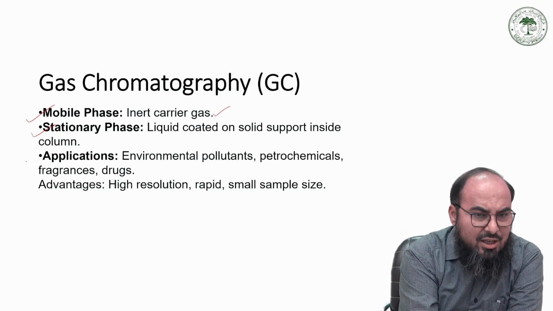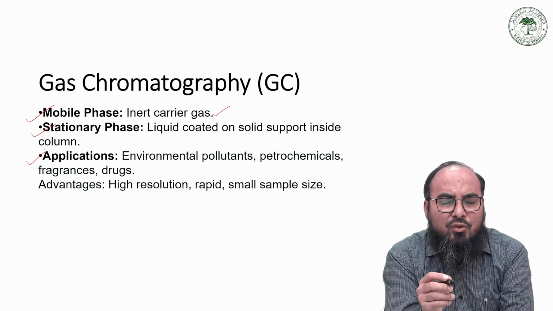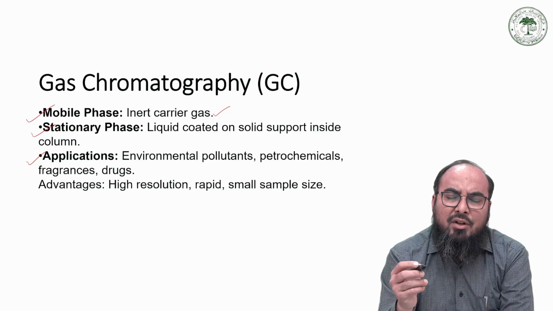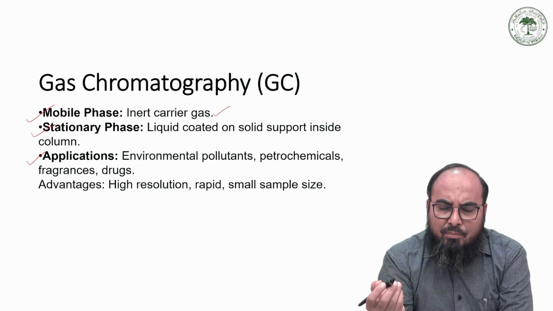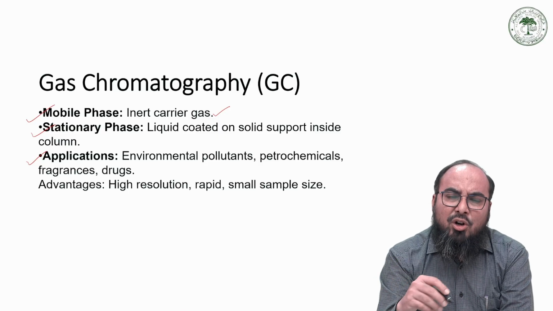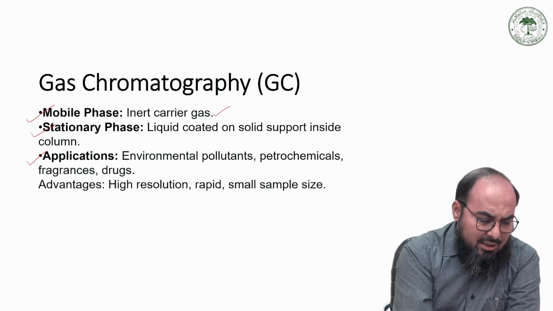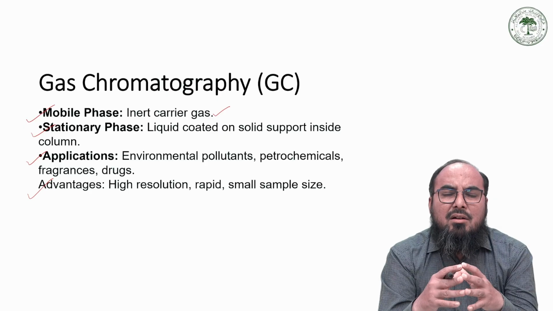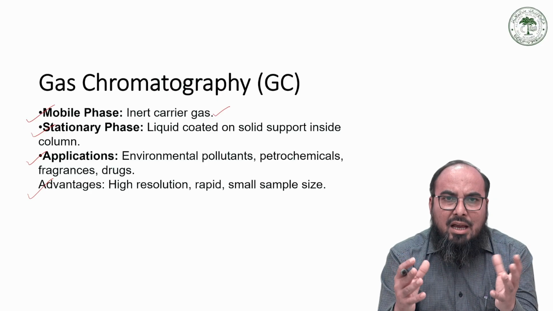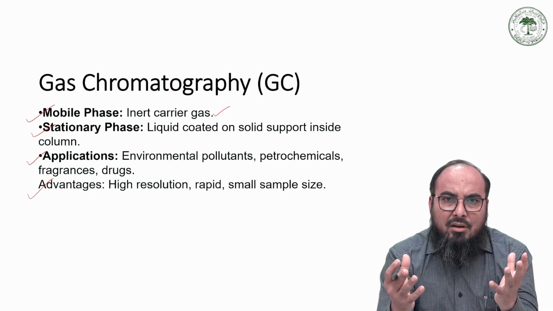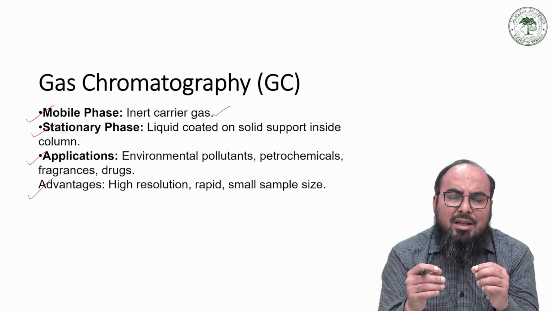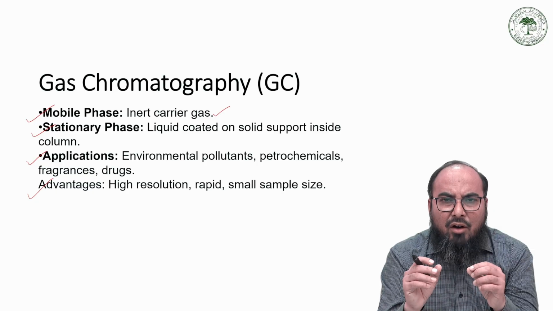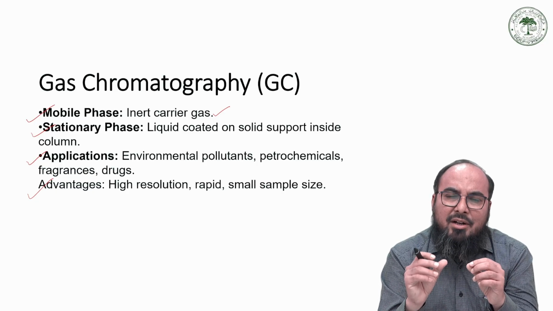So GC, that is gas chromatography, is very useful for the detection of environmental pollutants, for petrochemicals, for checking the purity of drugs, etc. The biggest advantage of using GC is that it gives you very good, well resolved peaks, and it is a very rapid technique. But at the same time, you can only separate mixtures of limited size, of limited volume.